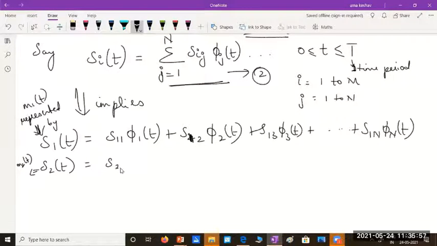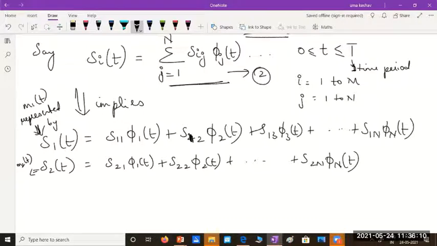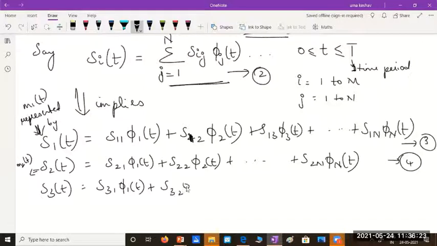It can be written as S21 phi 1, S22 phi 2, and so on, S2n phi n. So I can represent each one like this. Let me give some numbers: 3, 4. S3 of t can be written as S31 phi 1, S32 phi 2, S33 phi 3, S3n phi n.